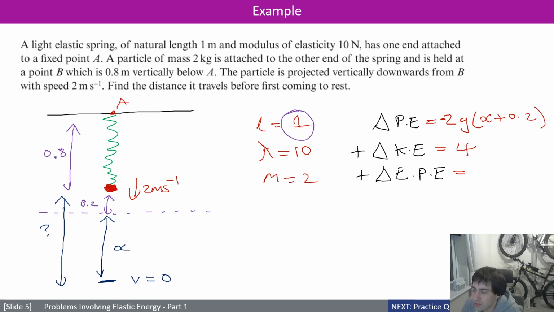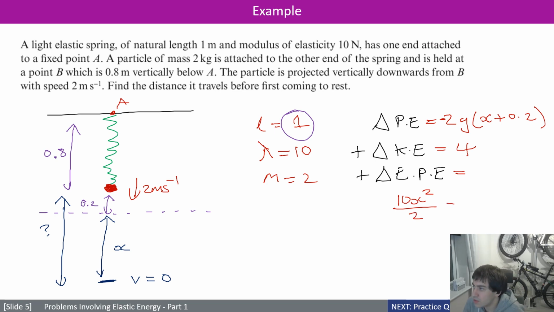Initially, its extension is 0.2 compressed. We're going to do final minus initial, aren't we, to get the difference. So let's actually do the final. The final is going to be an extension of x times lambda all over 2L, which is 2.